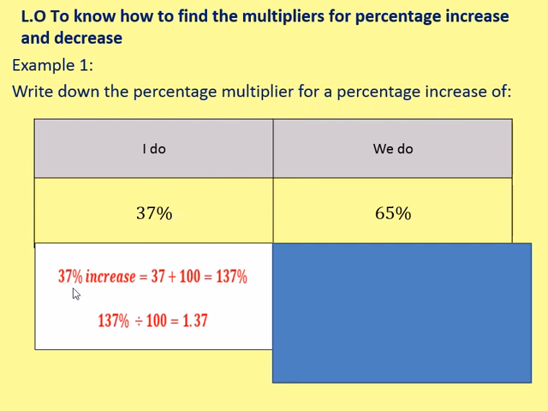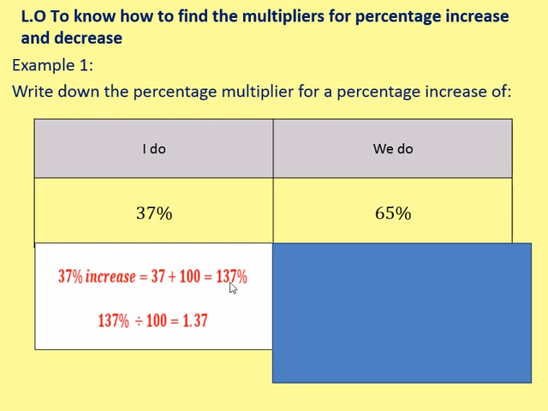If you imagine a 37% increase, we have the original 100% and then the additional 37%. So we are looking for 37% plus the original 100%.